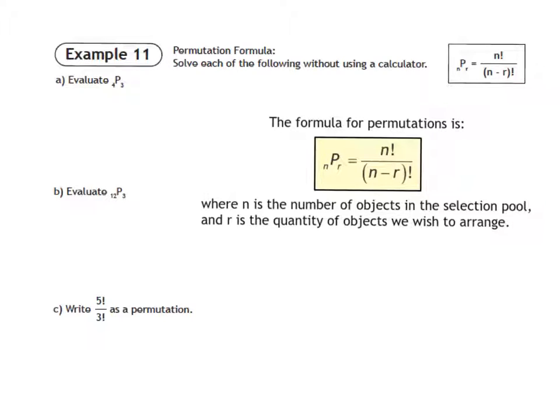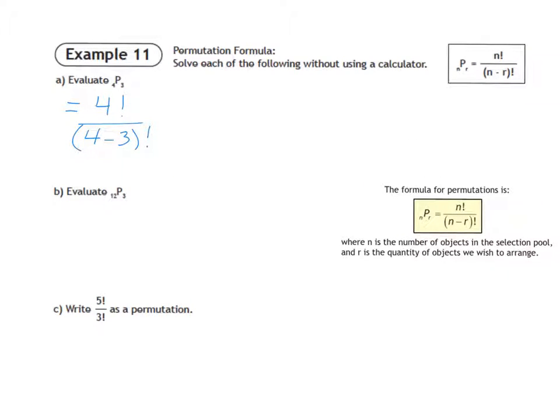If we're going to do that, 4 pick 3 is going to be equal to n factorial. n is 4, so 4 factorial over (n minus r) factorial, so (4 minus 3) factorial.